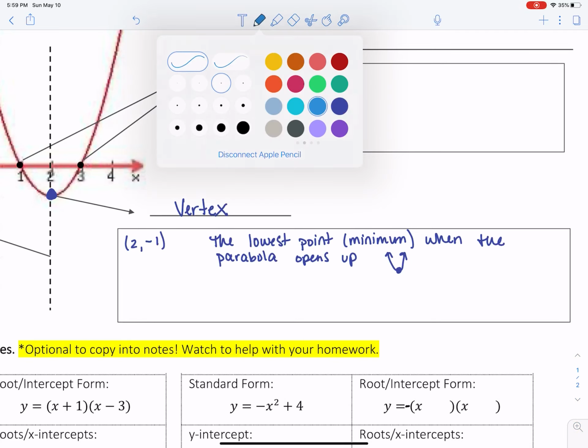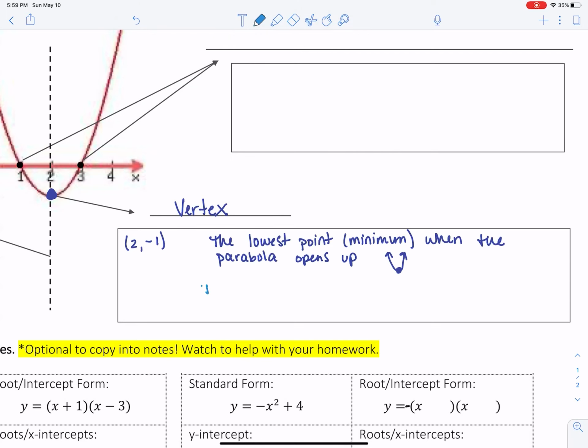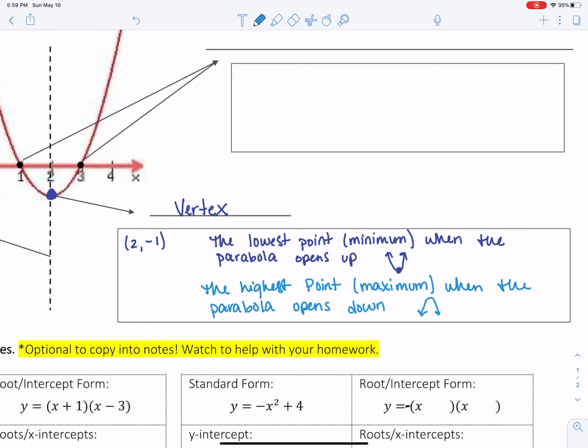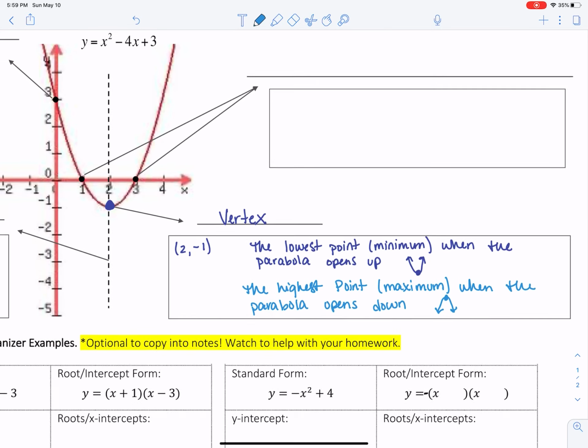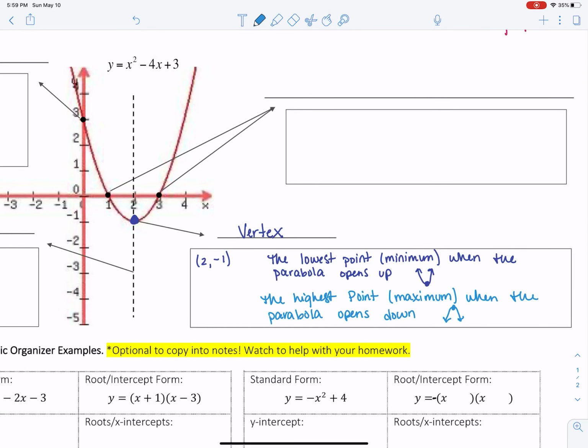However, I'm going to switch over to a different blue because sometimes it's the highest point, also known as the maximum, when the parabola opens down. So sometimes this is flipped over and it looks kind of like an arch, and that would be the vertex up there on the highest point. So this is our vertex, and again for this example it's the point (2, -1).